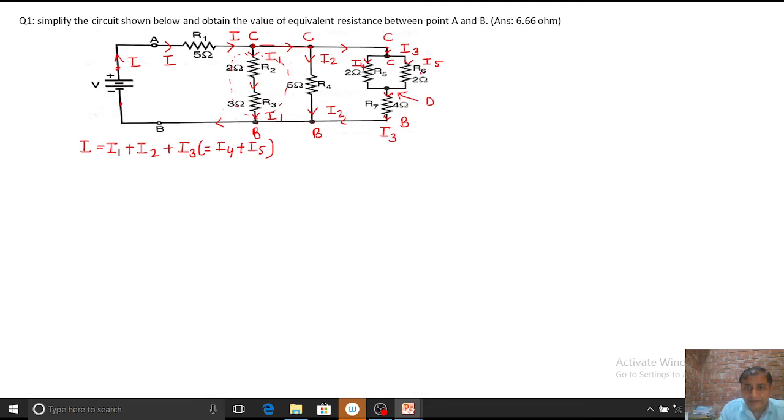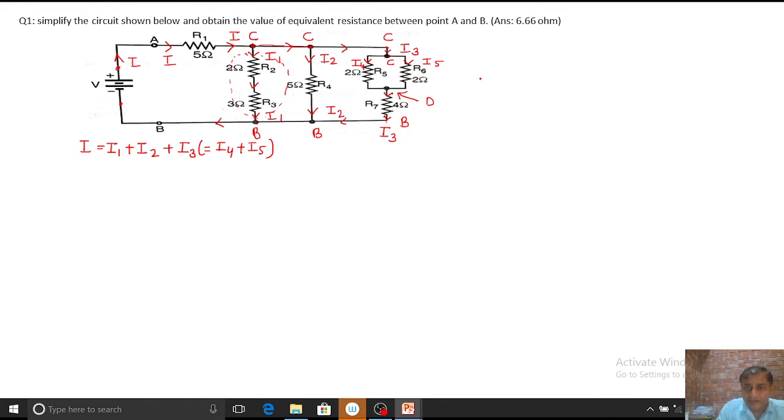And the same with R6. One end of R6 is connected with point C and the other end of R6 is connected with point D. This means there are two junctions, C junction and D junction, and both these resistances are connected across junctions C and D. That means these two resistances are in parallel.